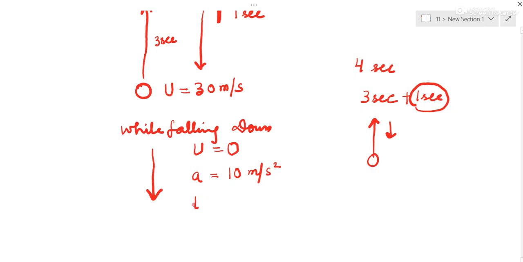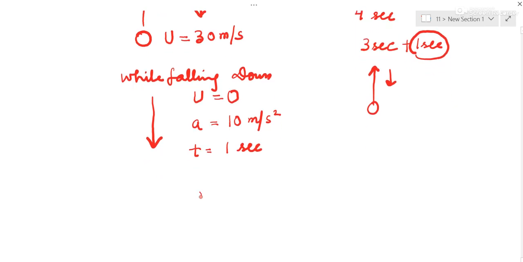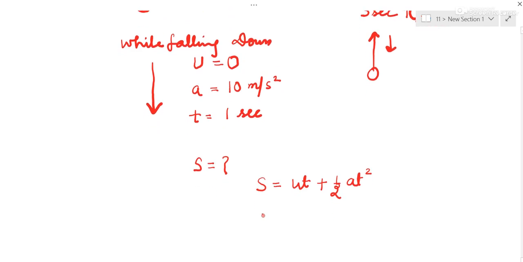And the time is 1 second only, because 3 seconds were utilized in going up. So what is the position? Use the second equation. s is equal to ut plus half at square. Substitute: s is equal to 0 into t, plus half into a, 10, and 1 square is 1. So s is 5 meters.